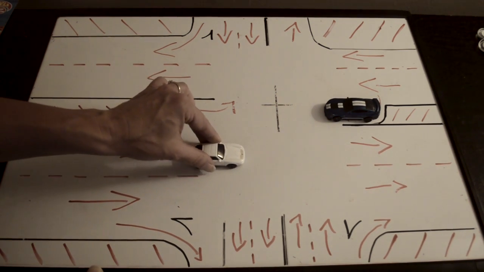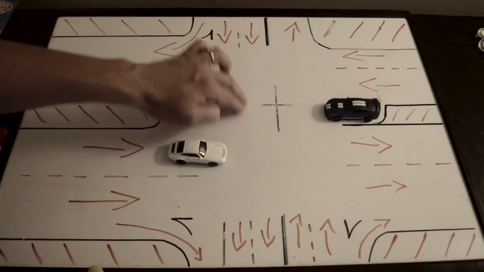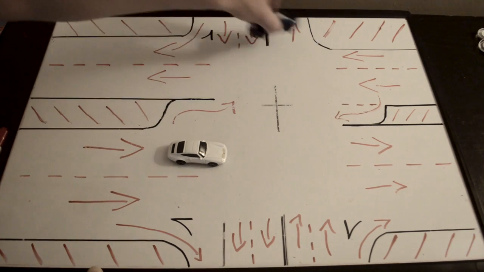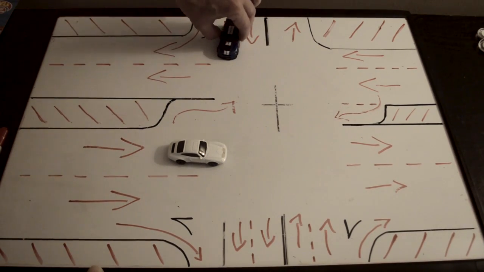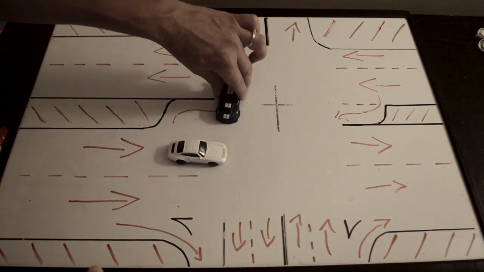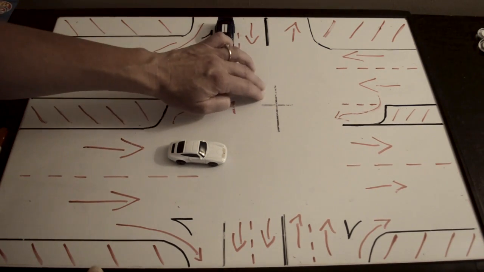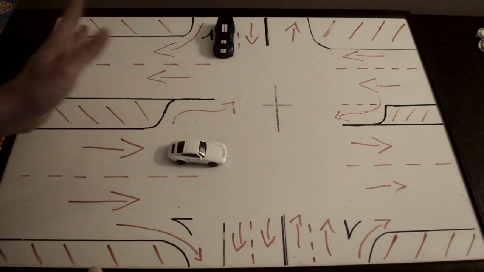You could think that just because the light is red for these people, they might miss it, they might run a red light. You never know. So you can't always trust what the light says. You've got to be aware.